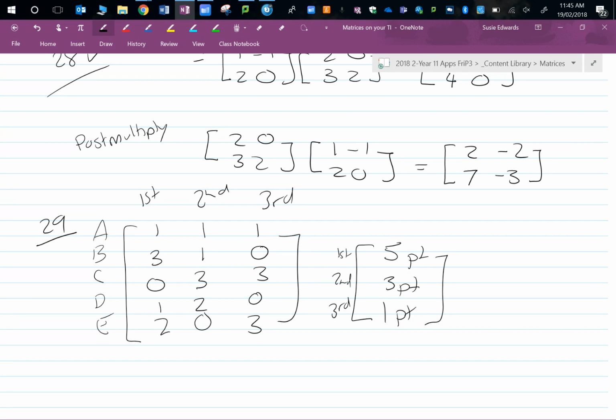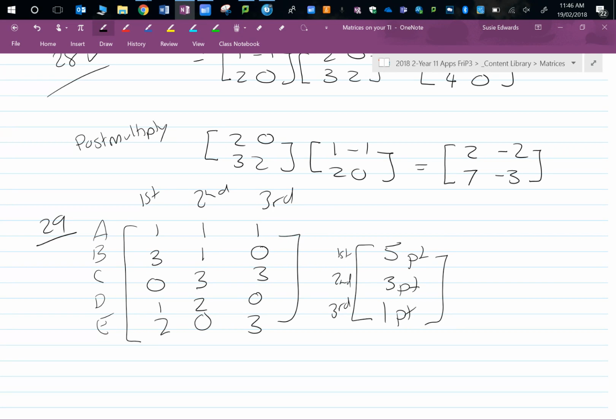Okay? So it says, determine the rank order for these schools using points. So it's saying we're trying to find out how many points each of the schools got. So how did we work out 9? What did we actually do? We added them up. We added up 1 lot of 5, 1 lot of 3 and 1 lot of 1. What does that remind you of? Matrices. What about matrices, not just adding?